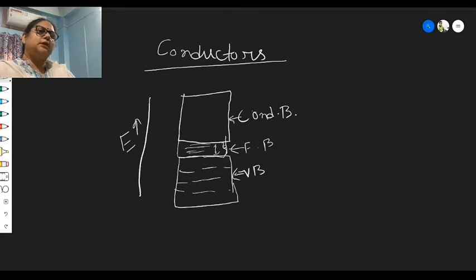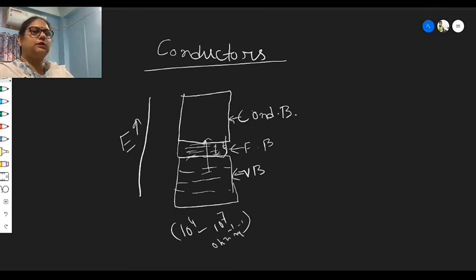Sometimes in some substances there is overlapping between the valence band and conduction band, and electrons can easily jump from the valence to the conduction band. Therefore the conductivity of conductors is very high.